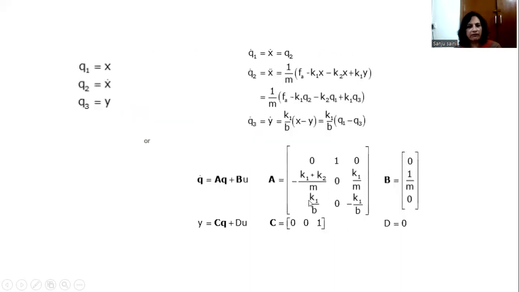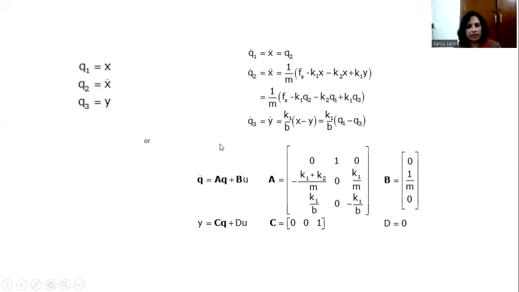Then we define the state variables. For the first state variable, we have just taken the displacement of the mass. Then the second is the velocity, and the third one is the displacement in the second element. So three state variables we have defined, and from the differential equations that we have already made, we have got the values of the three state variables q1, q2, q3. Then we have got their values q1 dot, q2 dot, q3 dot that we have derived from the differential equations.